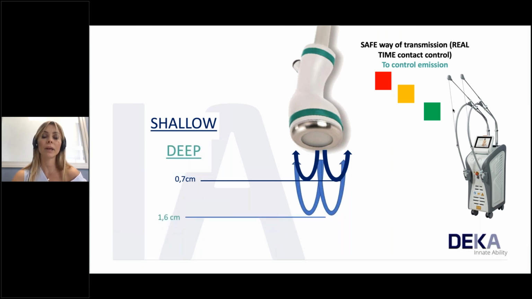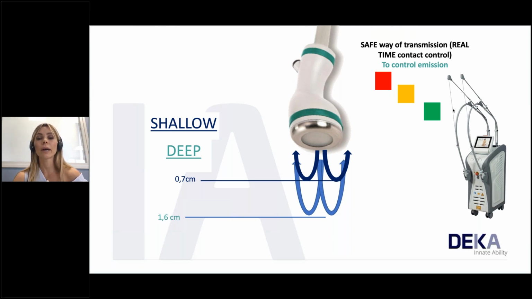And the deep end piece instead will reach 1.6 centimeter, and then it will recall back from the electrode. So the transmission is safe because no vital organs will be involved. It's safe for the patient, but it's also safe for the physician, because even if we carelessly lose the contact with the skin, we are sure that the microwaves will be recalled back.